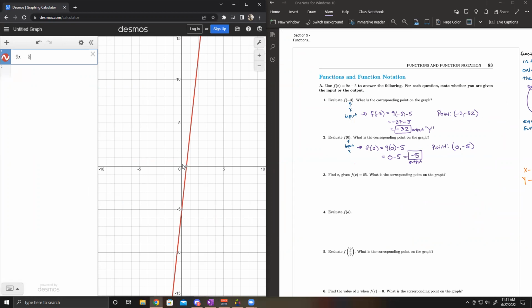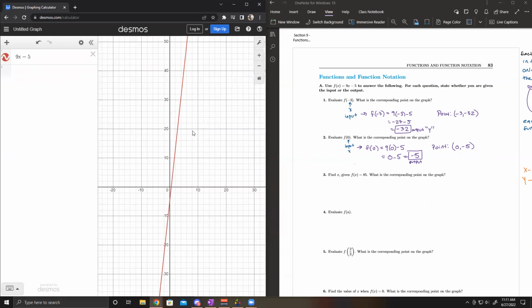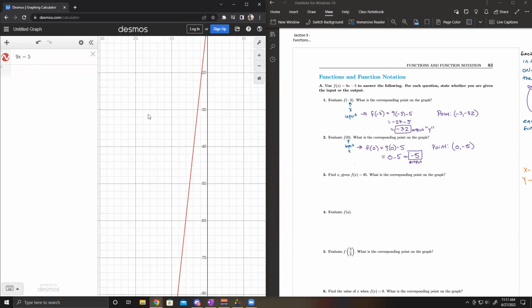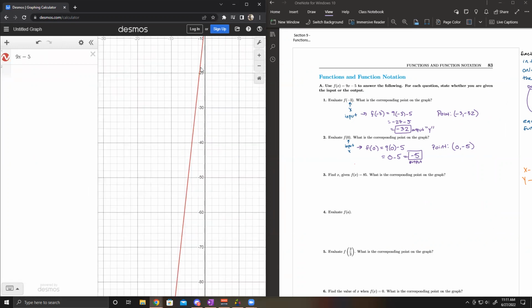So at -3, let's see, we'd have to zoom out a bit. That's -3 and -32. So if I go up here, -3 and -32, that's going to be down here. If I scroll down, we get negative, where are you? Boom, right there. -3, -32.